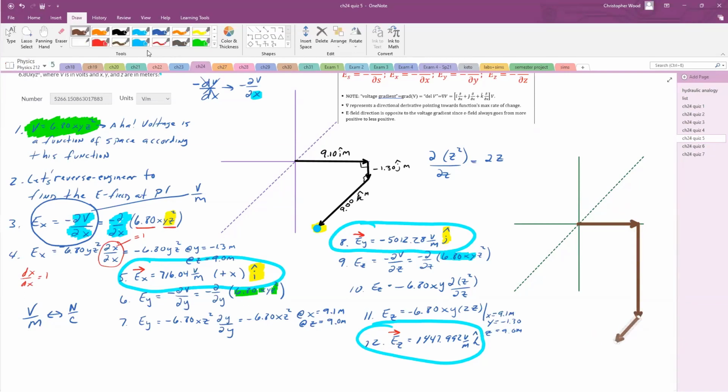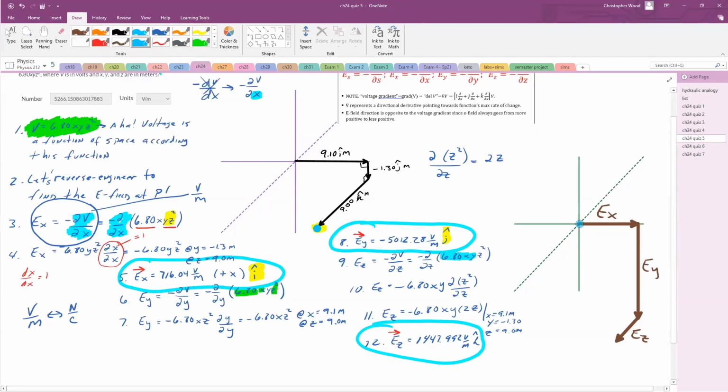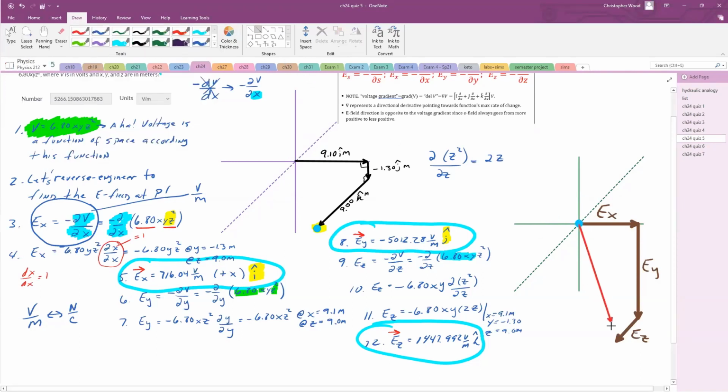So this is what I just figured out for E sub X. That's my E sub X. This is my E sub Y. This is my E subscript Z. So here's my net electric field at point P. So once again, Probert is standing right here. That's why I have multiple coordinate systems. At this particular location, Probert is feeling a net electric field that looks like this. And this is Pythagorean theorem or distance formula.